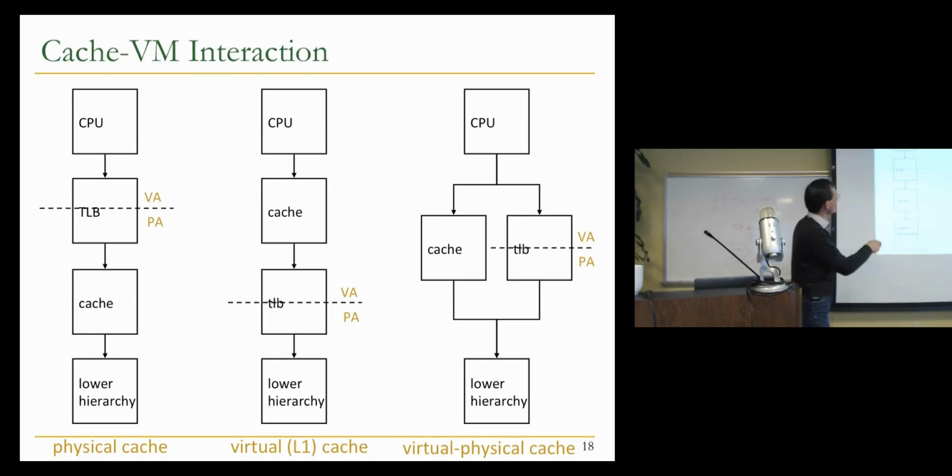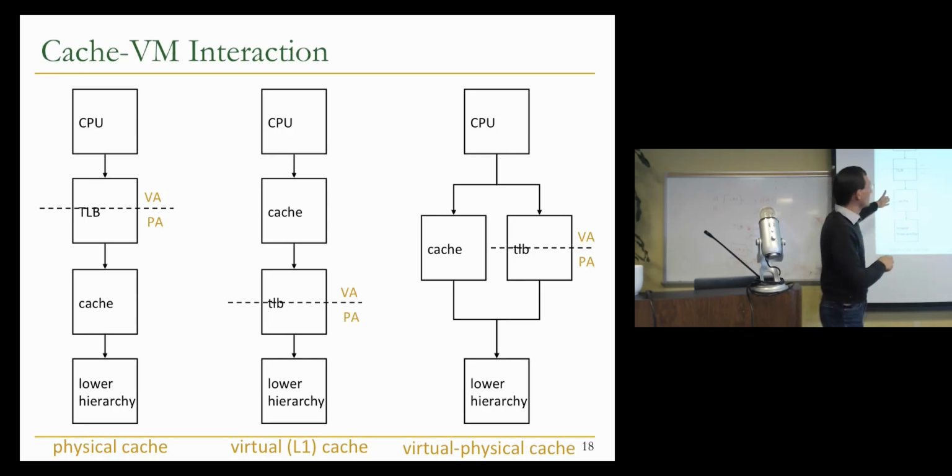The upside of this is now you don't have the synonym problems, right? And homonym problems also, because now your TLB can contain address space IDs or thread IDs, such that you never get the wrong physical address over here. The downside of this, it takes a long time to access the cache. You first need to finish TLB access, right? And we know that this is a critical path to get a load instruction's data into the pipeline.